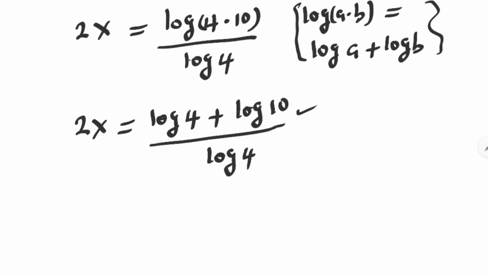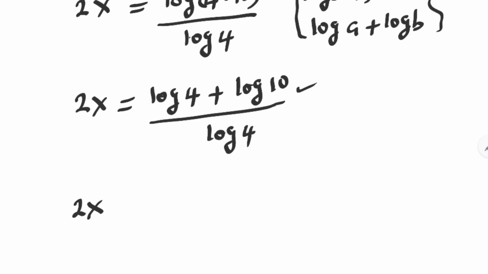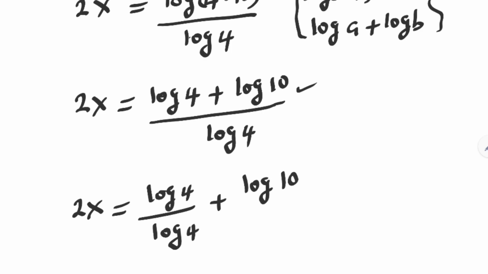Let us split this. 2x is equal to log 4 divided by log 4 plus log 10 divided by log 4.